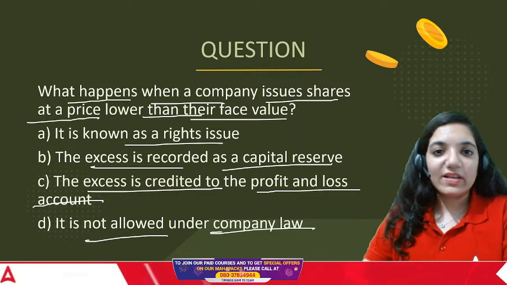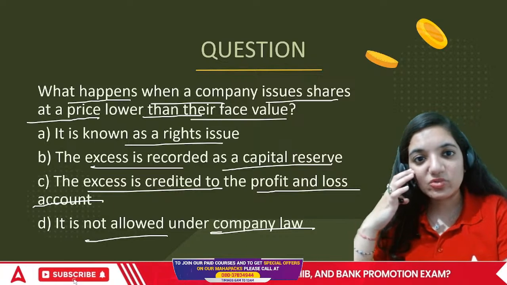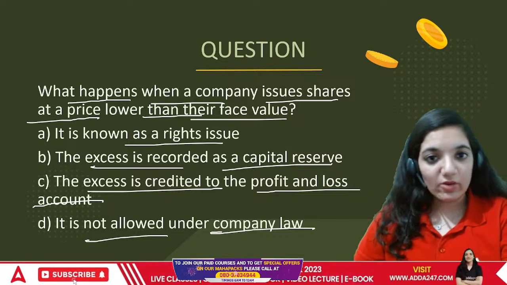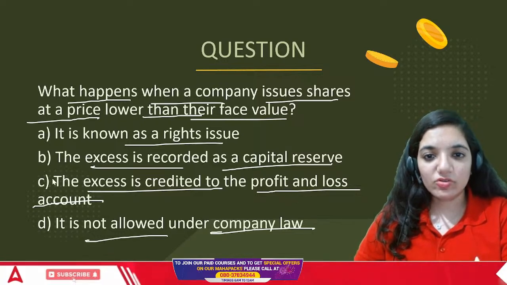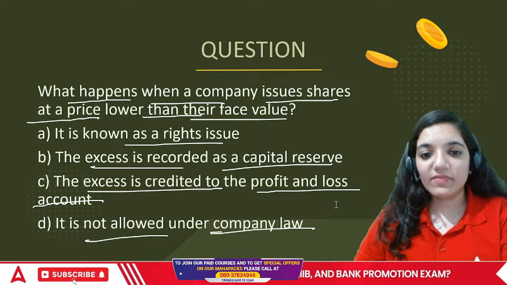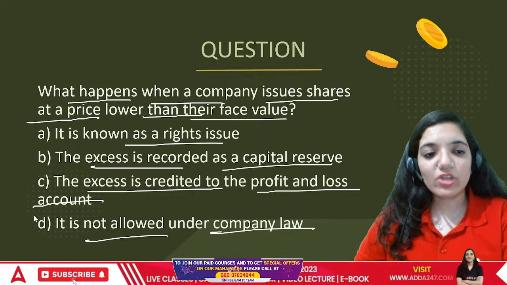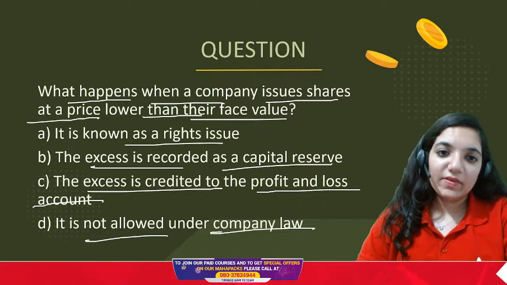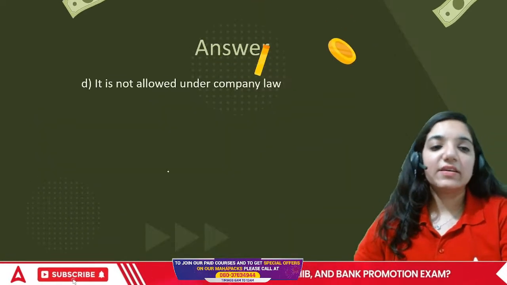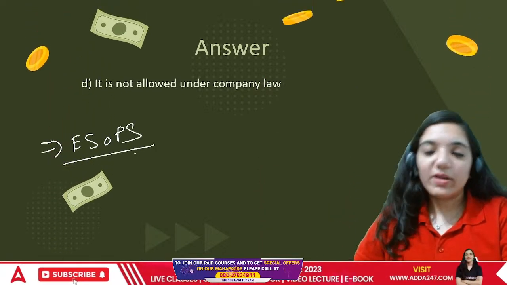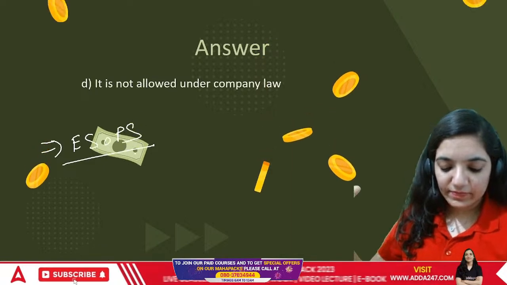Okay. So basically what happens when the company issues shares at a price lower than the face value? Normally it is not allowed. As per the law, it is clearly said that you cannot issue shares at a discount unless it is related to ESOPs, employee stock option plan.